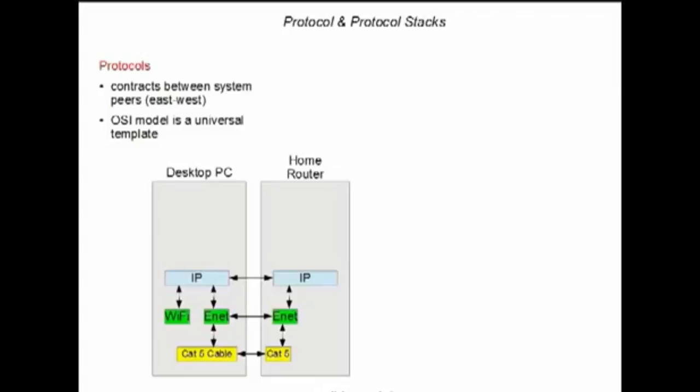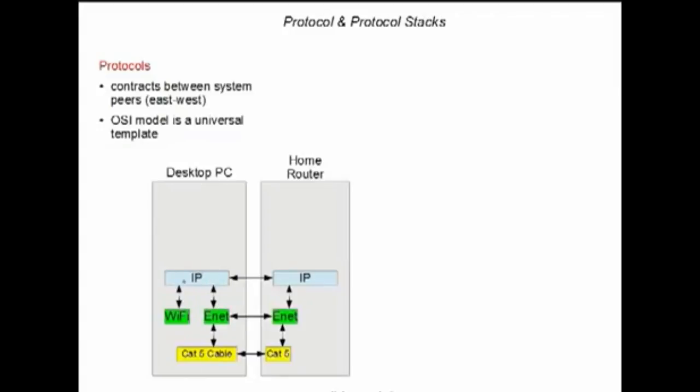In the diagram we have in front of us, I've shown a desktop PC, which would be in your home typically, or in a business, and I've shown 3 layers of a protocol. There are actually 4 here. The first is the Internet protocol itself, which is the primary subject for today, and it is supported by 2 different link layers.